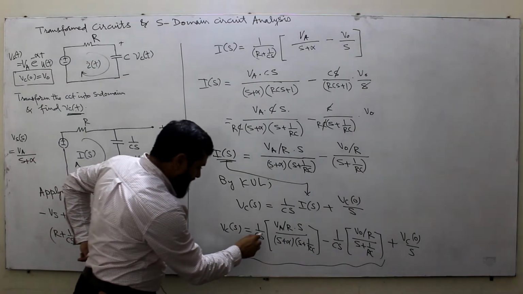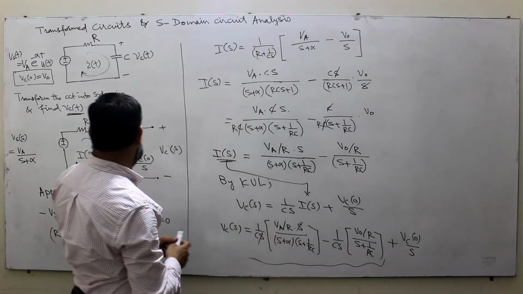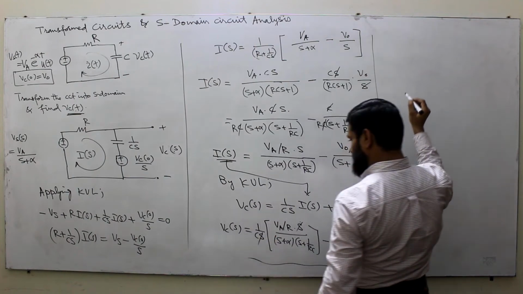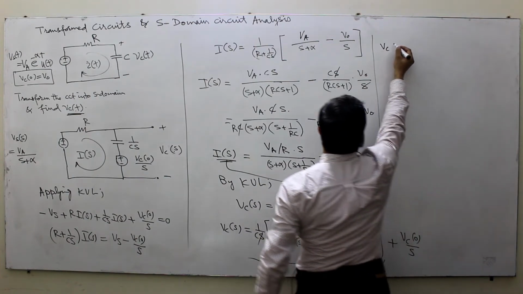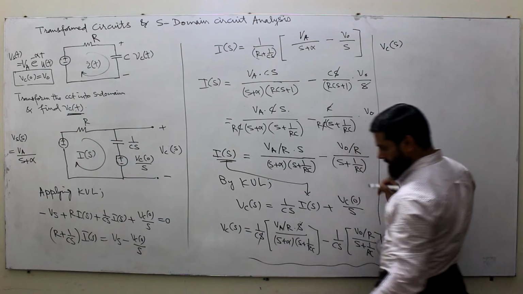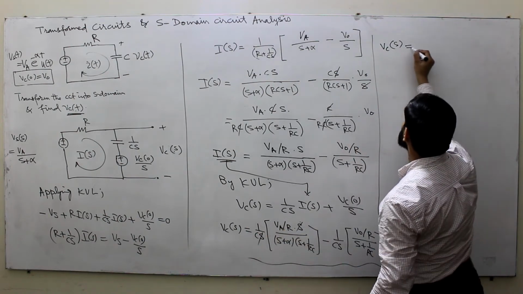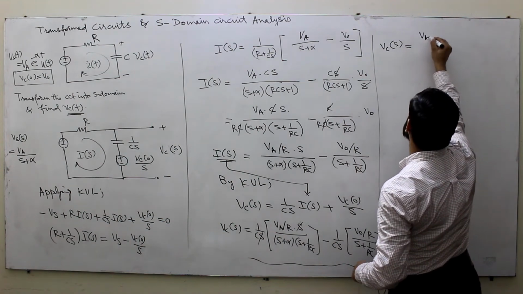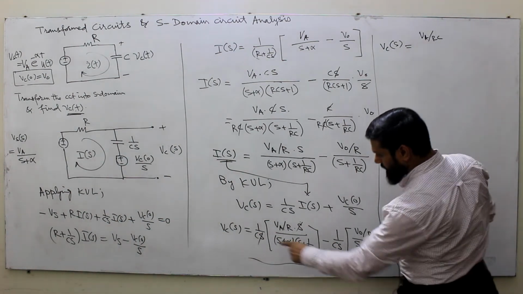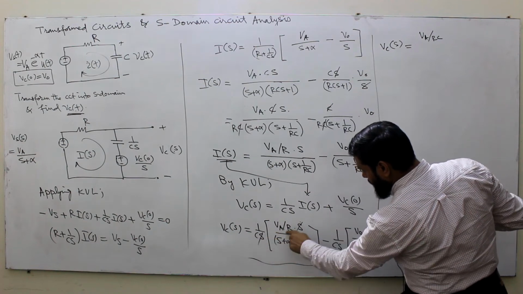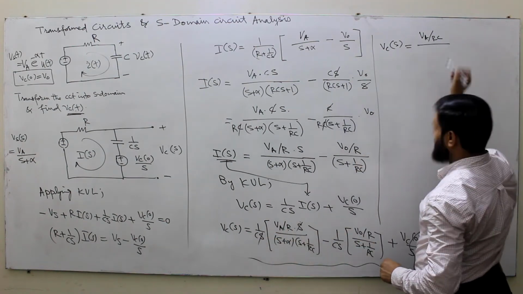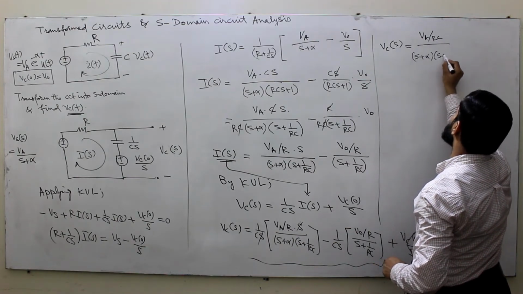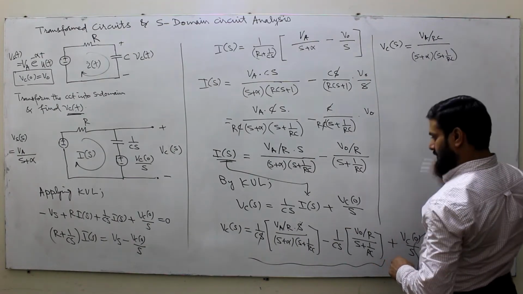Now we can simplify it, and let's solve it on this side. What we have obtained is Vc of S is equal to Va over RC. I have taken this C with R, divided by S plus alpha into S plus 1 over RC.